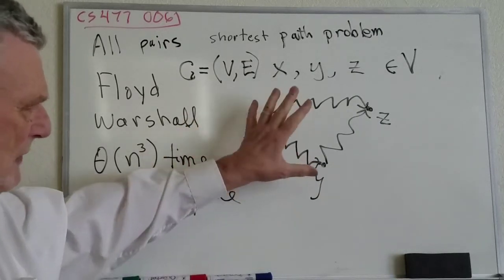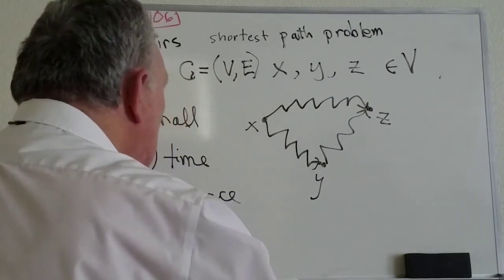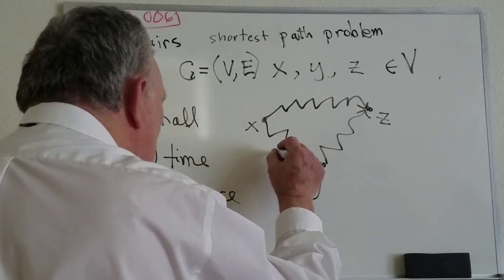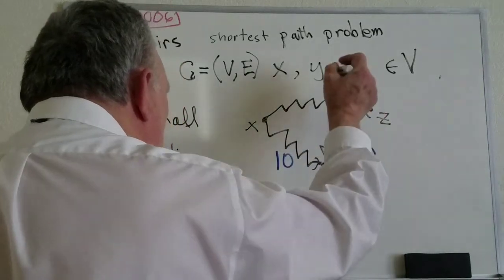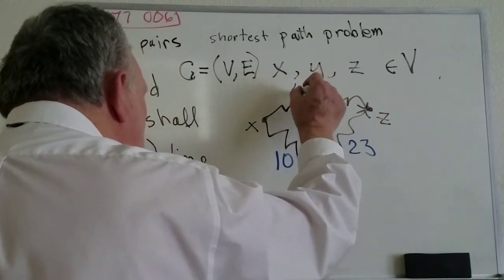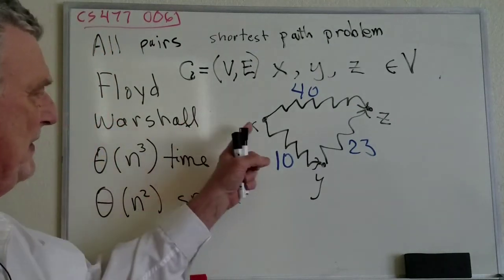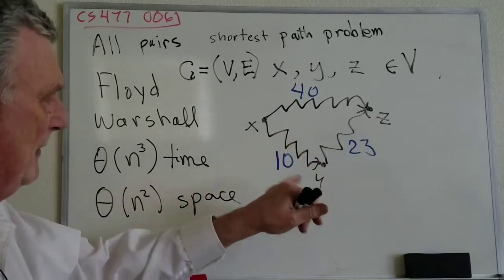But then we can improve them. For example, if we have a graph here, let's say that this distance is 10 and this is 23, and this distance we've gotten is 40. And this is the cheapest path we have found from x to z so far.